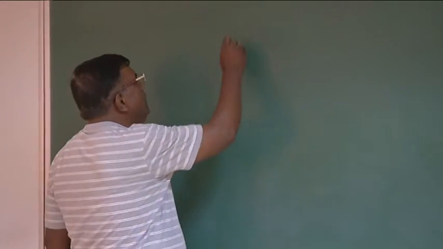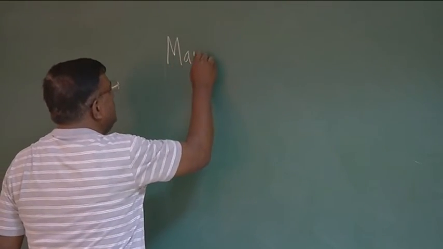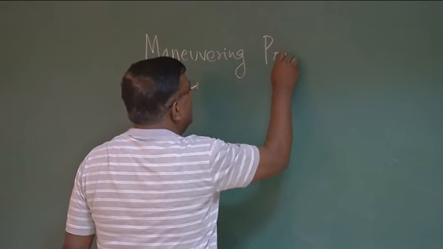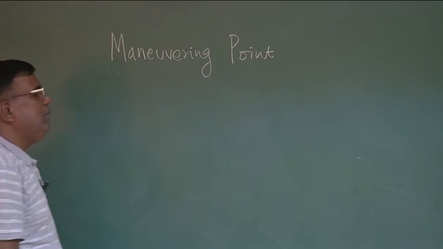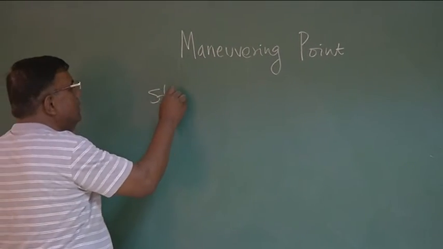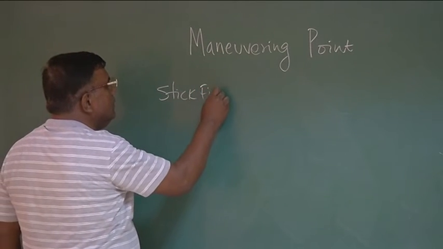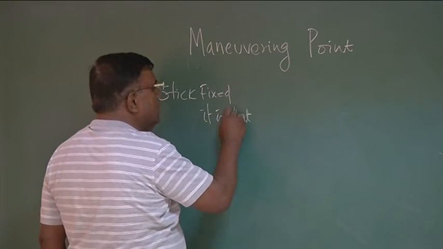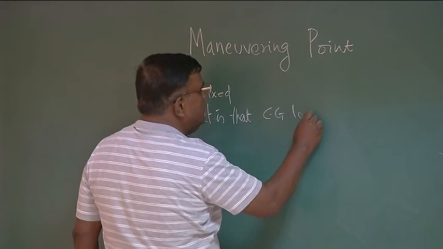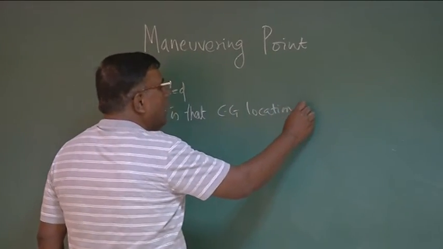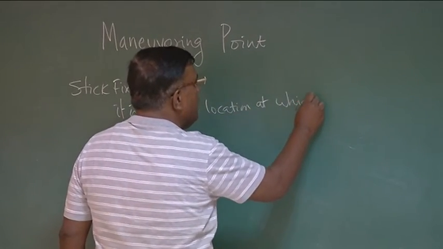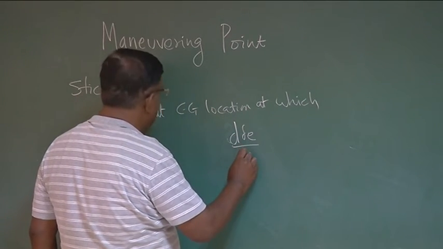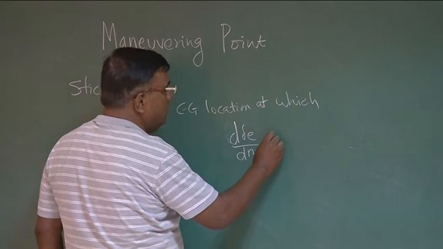Similar concept we use when you talk about maneuvering point. How do you define maneuvering point for stick fixed? We said it is that CG location at which d delta E by dN equal to 0.